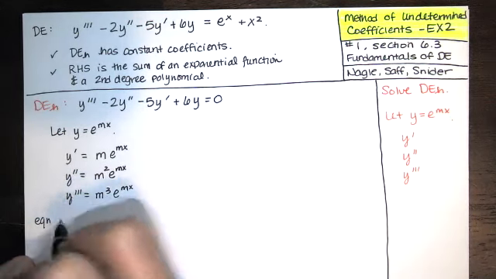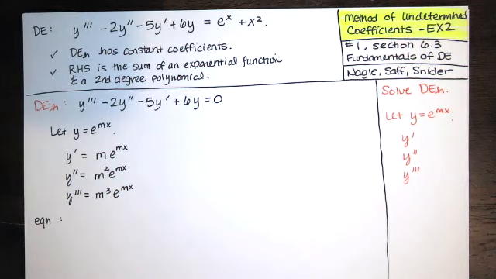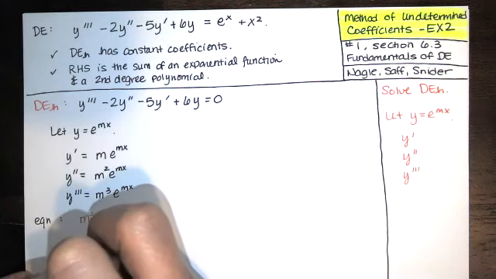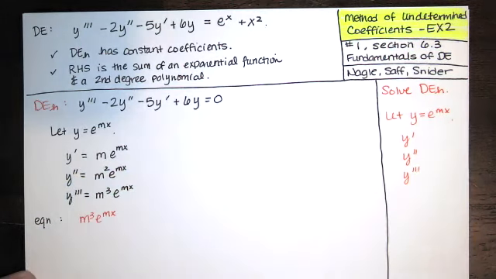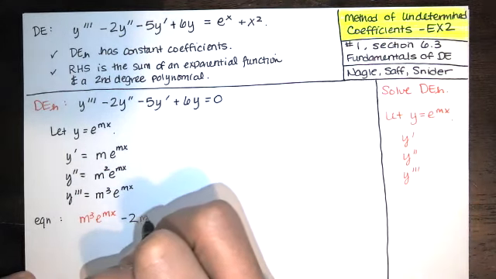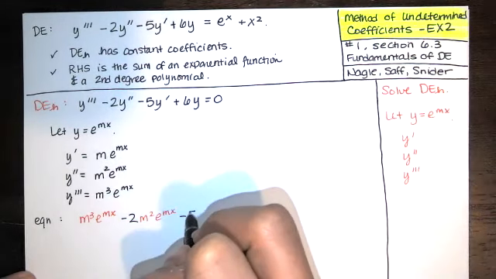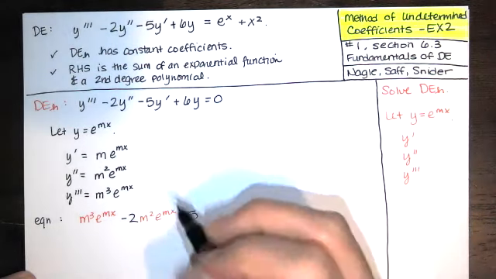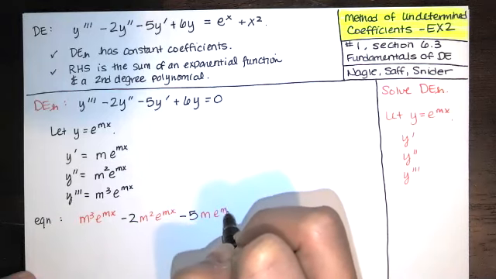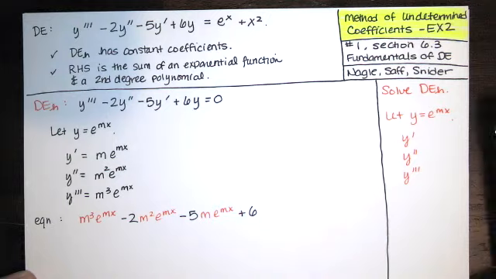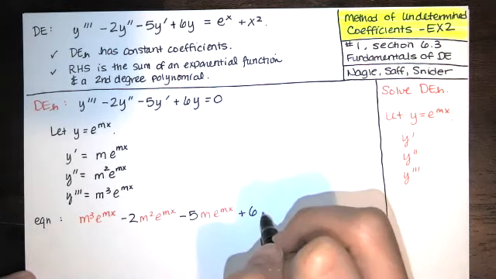So our equation after substitution becomes y triple prime, which is m cubed e to the mx, minus 2 times y double prime, m squared e to the mx, minus 5 times y prime, that's m e to the mx. And then we'll add 6 times y, and y was e to the mx.